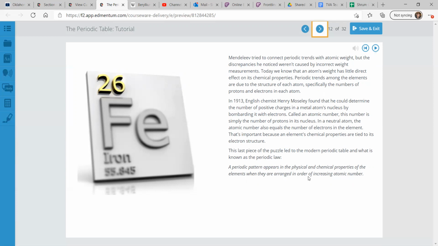That's important because an element's chemical properties are tied to its electron structure. This last piece of the puzzle led to the modern periodic table in what is known as the periodic law, which is that a periodic pattern appears in the physical and chemical properties of the elements when they are arranged in an order of increasing atomic number.